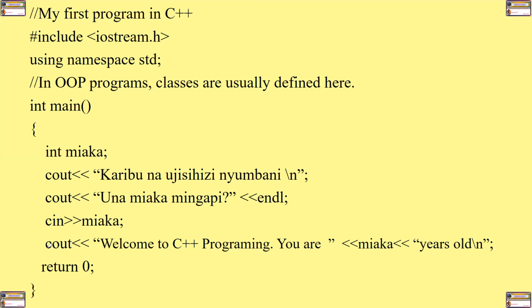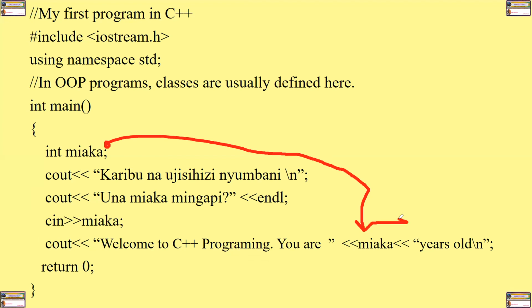Once you agree with that, write out. Pick this set of statements and write them on an output device, on the screen. Cout, console output. So write this statement on the screen: Welcome to C++ programming. You are, pick what is in the memory location called miaka and display it here.